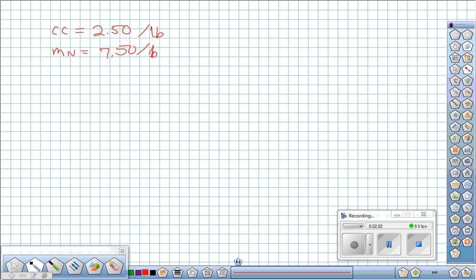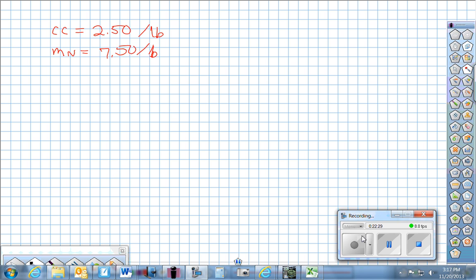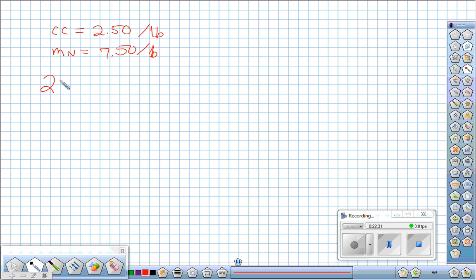And so they're mixed together, and then we get a 20-pound bag of a mixture, which is going to be both of these things, and that will be equal to $4.50 per pound. So this was just kind of trying to be a quick recap of the word problem here.